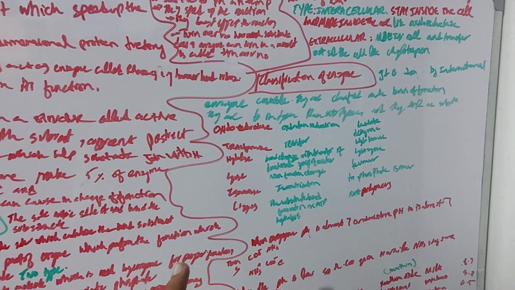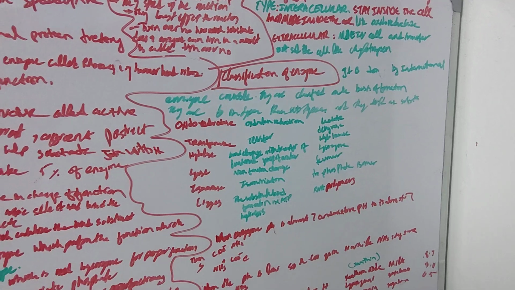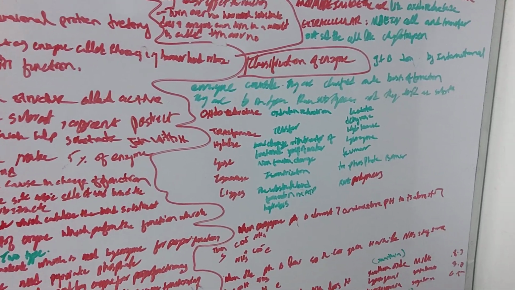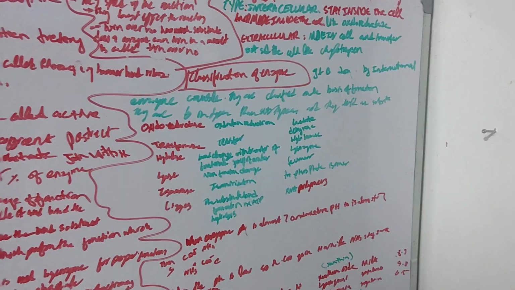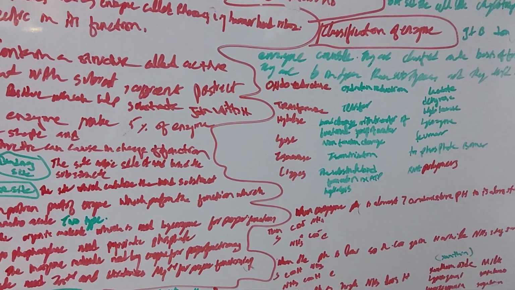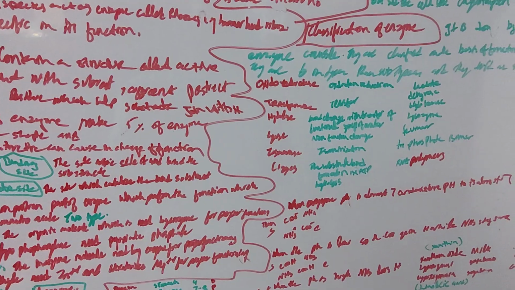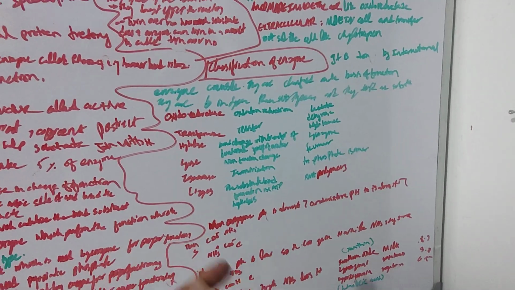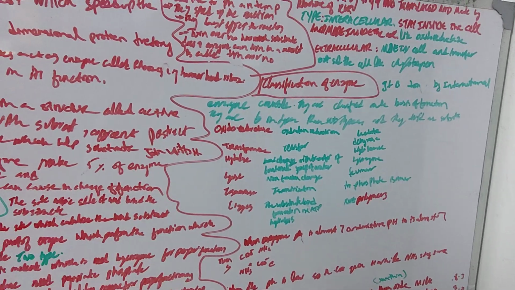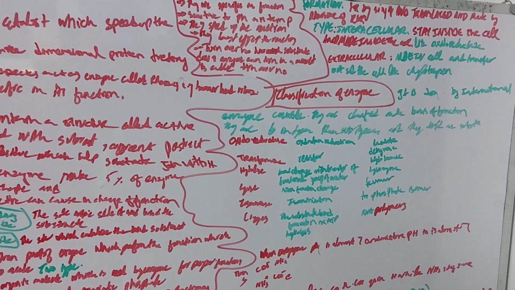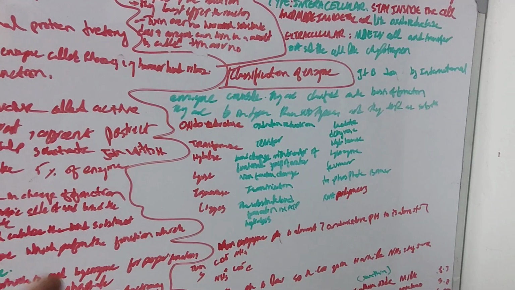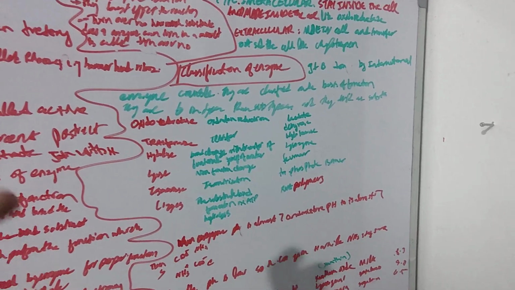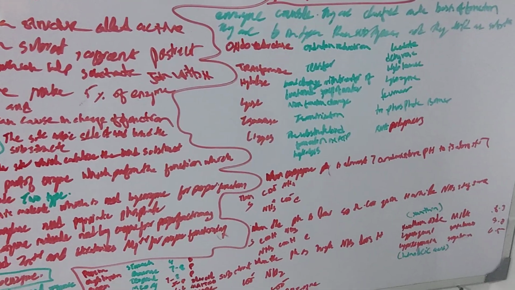Then we have isomerase enzyme, in which we have isomerization, like triose phosphate isomerase. Then we have ligase enzyme. The substrate bond is formed using ATP, like RNA polymerase.